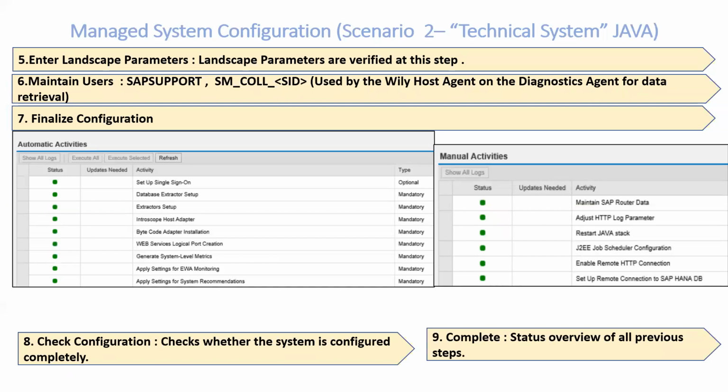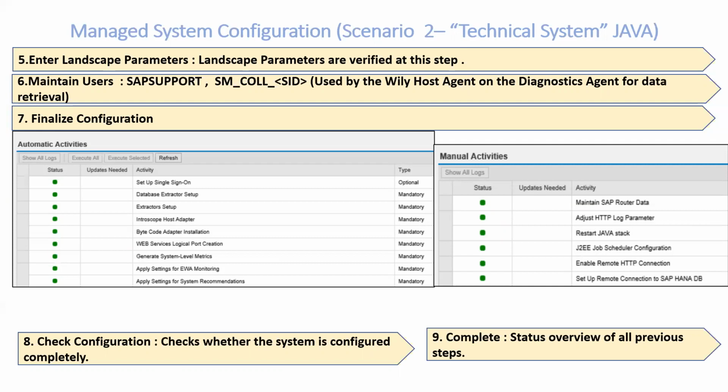Next comes the maintenance of users. So the SAP support user gets created. The other user that gets created at this step is the SMD agent_SID user, which is again used by the Wily host agent on the diagnostics agent for data retrieval for Java systems.